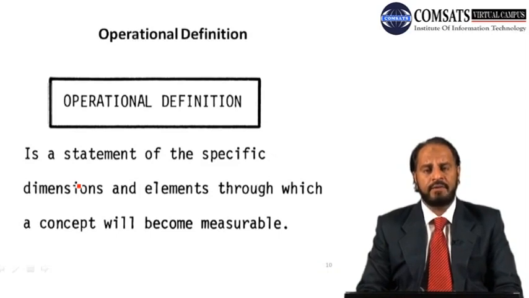When we convert these concepts into behavioral traits, that's the operational definition of that concept, where we define the dimensions and the elements through which we can measure them. So any concept like loyalty, its operational definition will consist of the different dimensions and elements which will help us measure it.